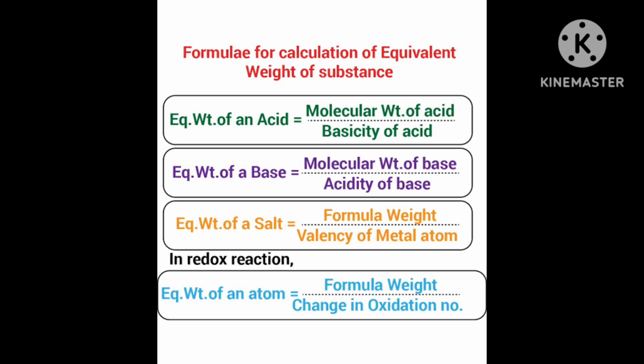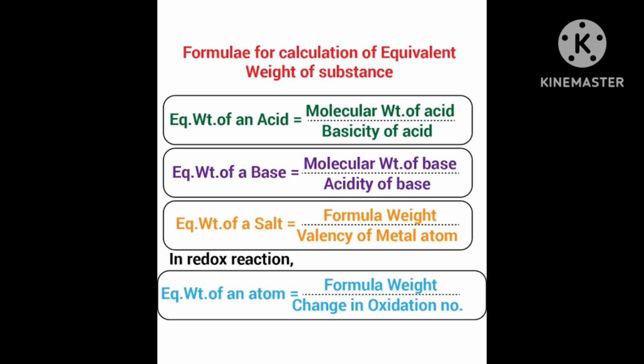Then see, HCl is an acid. How many H are there? Only one H. In H2SO4, sulfuric acid, how many H are there? 2 H. So in case of HCl, its basicity is 1, because only one hydrogen is there.